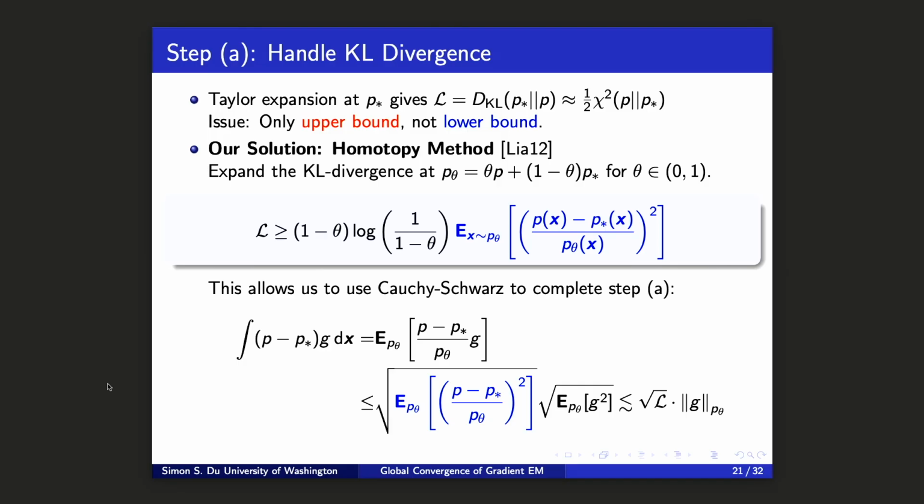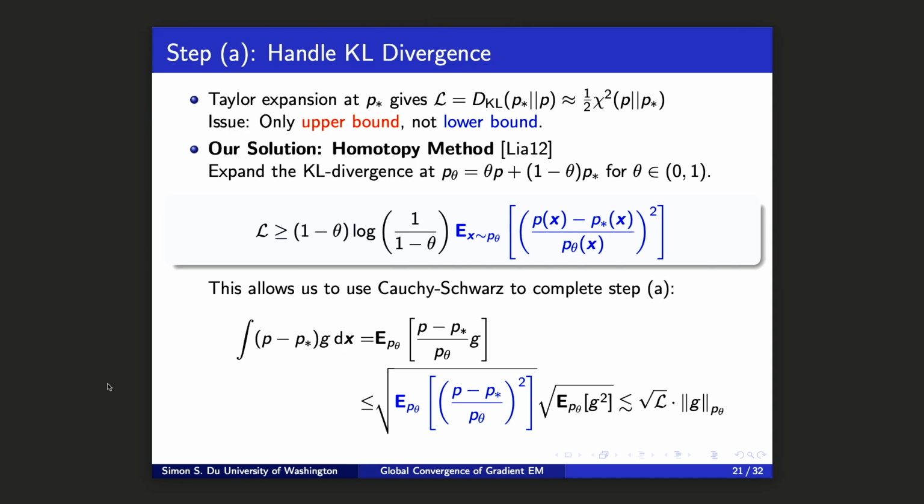And for this part, we upper bound it by L. So here we use an inequality: this part is upper bounded by the loss if we choose theta to be some constant, and it is also related to the test function g under the p theta norm. But as long as theta is constant, g's norm is upper bounded. So if you do not care about the polynomial rate, then the square root of the loss upper bounds this difference of the expectation of g over p and p star.